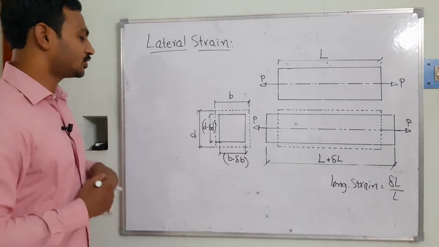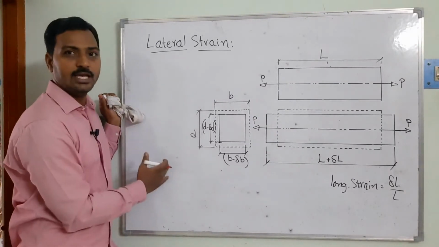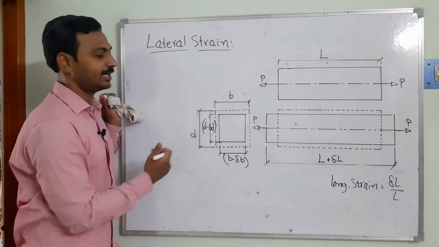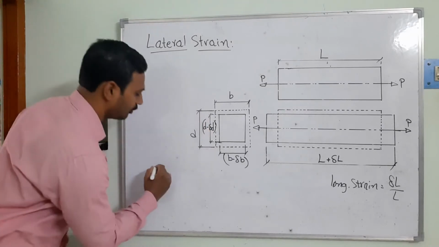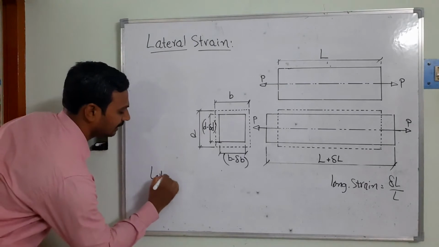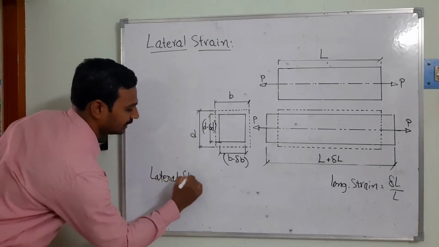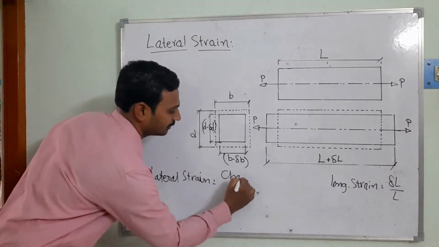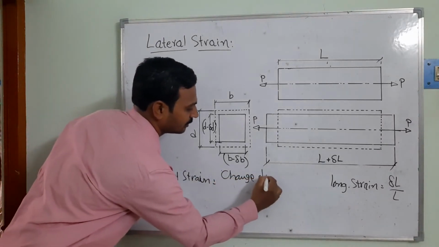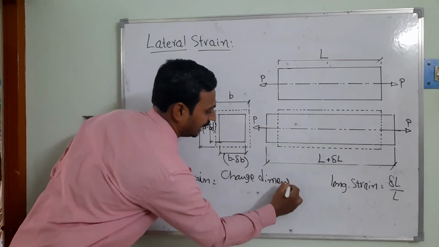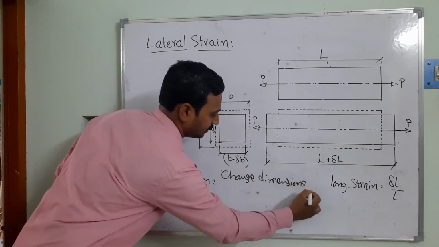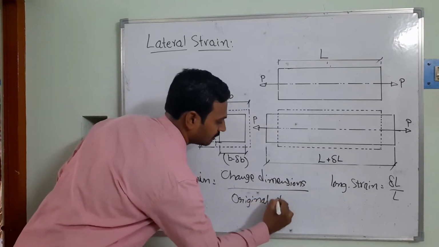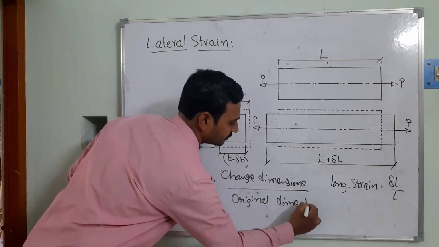The same definition we are going to take for the lateral strain: that's going to be the change in dimensions in the lateral direction to the original dimensions. Suppose in this case I am considering the lateral or transverse direction. The lateral strain is equal to change in dimensions by original dimensions.